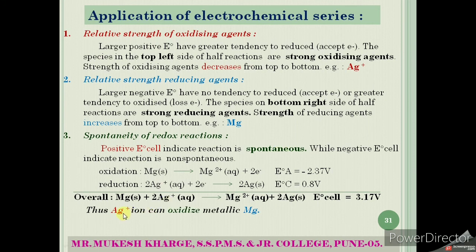Thus we can say that Ag+ ion can oxidize metallic magnesium, and this cell can work as an electrochemical cell.